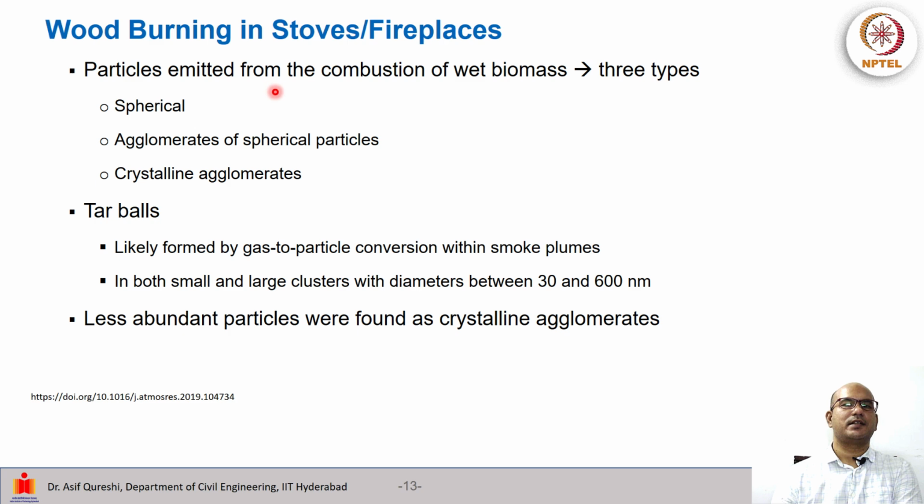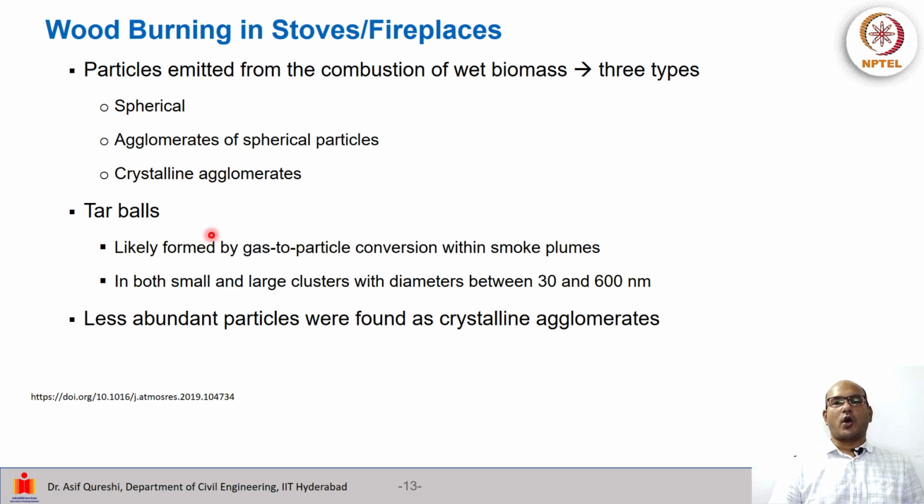The particles that are emitted from the combustion of wet biomass could be spherical, could be agglomerates of spherical particles, and could be crystalline agglomerates.